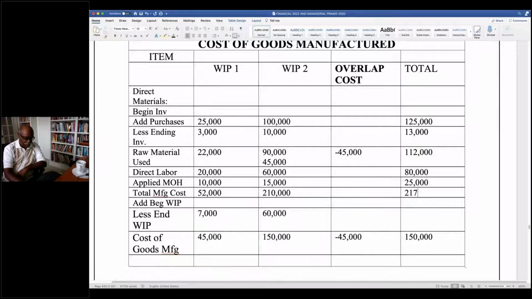And you're also going to add minus 45,000 for the overlaps to get 217,000. That's the ending, 67,000. What's 217 minus 67? 150,000. Okay. Any questions?